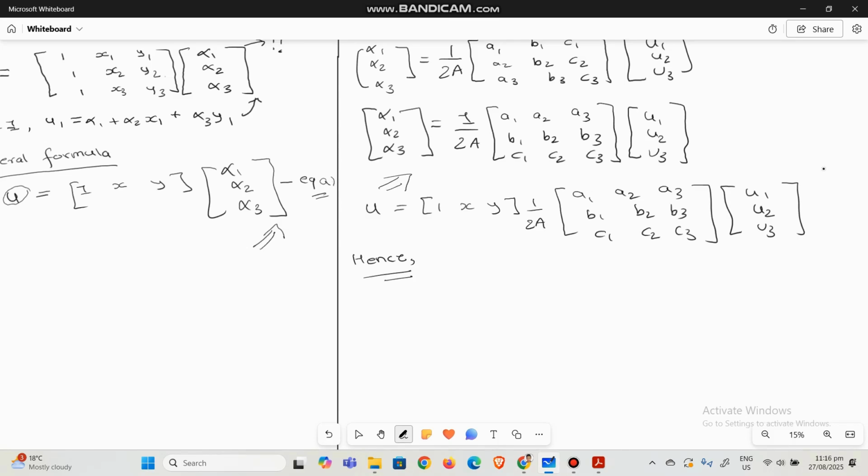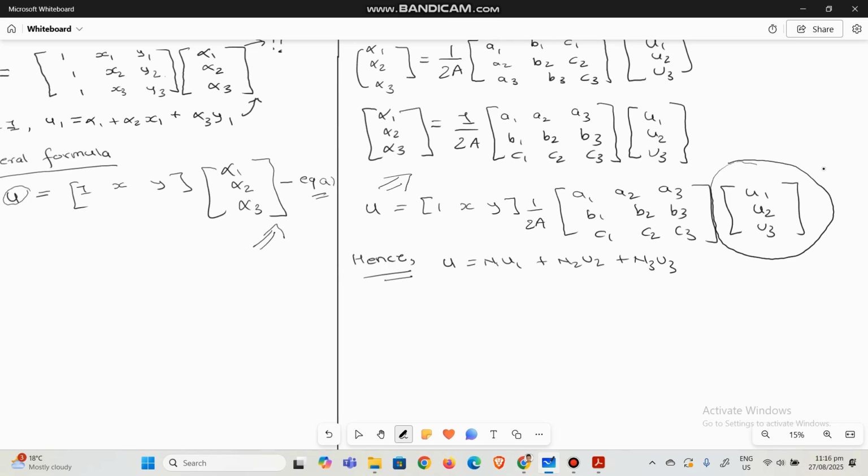Hence we get this in the form of u equals n1 times u1 plus n2 times u2 plus n3 times u3. Only the displacement part is this one, and the rest of these parts are our shape functions n1, n2, and n3.